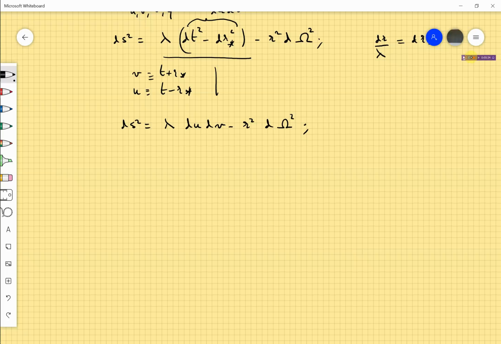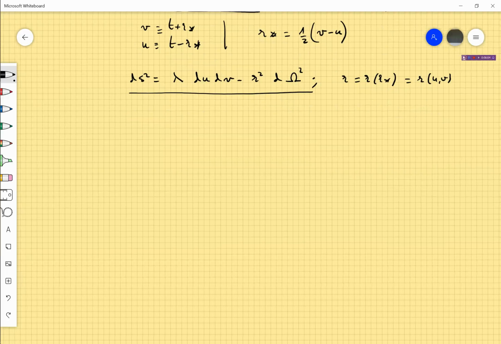Here in this expression, remember that r was a function of r star, and r star is a half of v minus u. So in the end, r is a function of u and v, and so the whole metric is a function of u, v, and theta and phi.